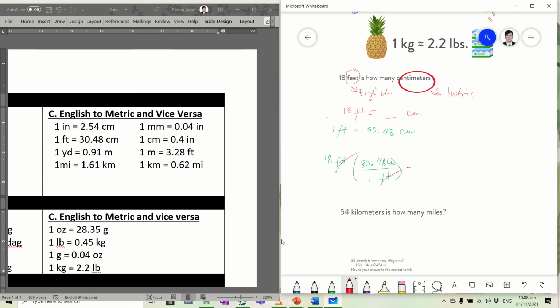We multiply the 18 with the 30.48, and we will get the answer already. So 18 times 30.48 is equal to 554.04 centimeters.